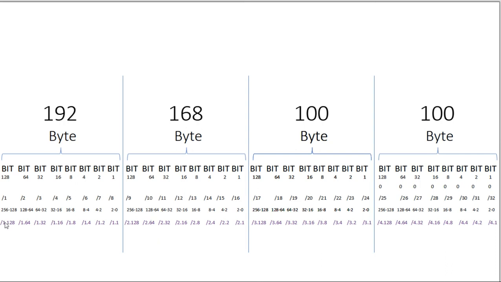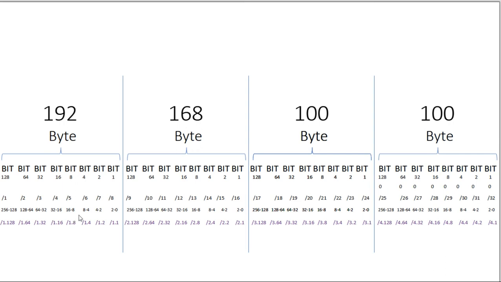In my opinion, it would have been a lot easier if we had this CIDR notation. This is a very, very simple one. This is super simple. If they had used this CIDR notation instead of this one, it would have been so much easier.